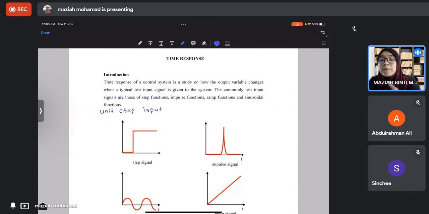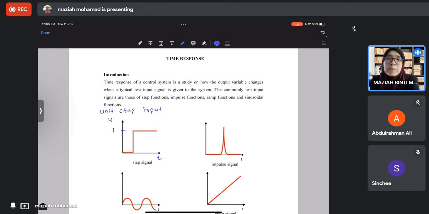So unit step input here means that we apply 1 unit of input. So the input is 1, and then we apply 1, and then it stays at 1 all the time. Here the x axis is time, and this is the input, which we normally call u.